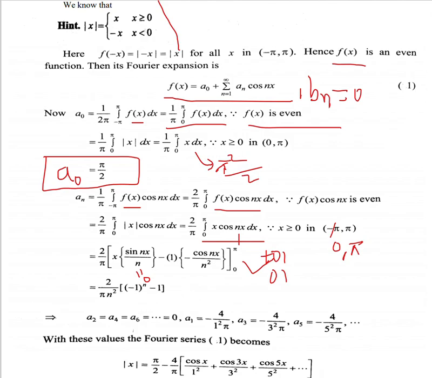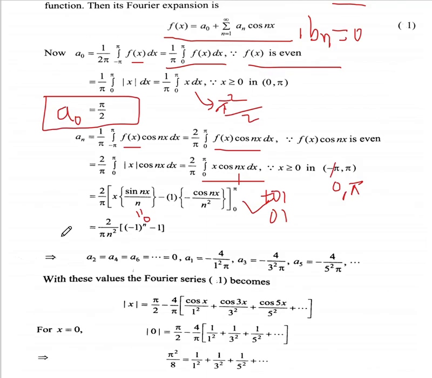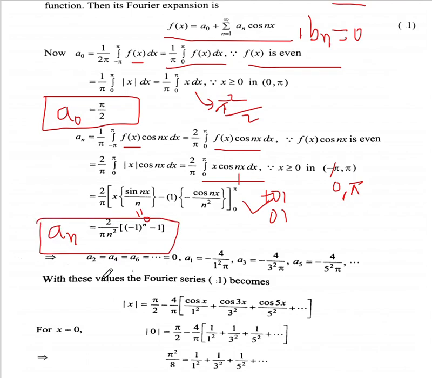Okay, so here you will get the value of an. The value of an is 2 upon pi n square, minus 1 to the power n minus 1. Okay, so by using this you can calculate a2, a4, a6, for the even value of n, so you will get 0.